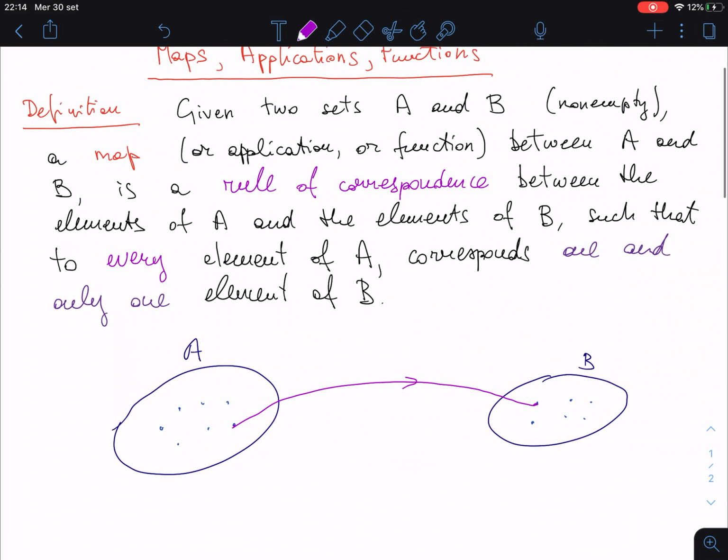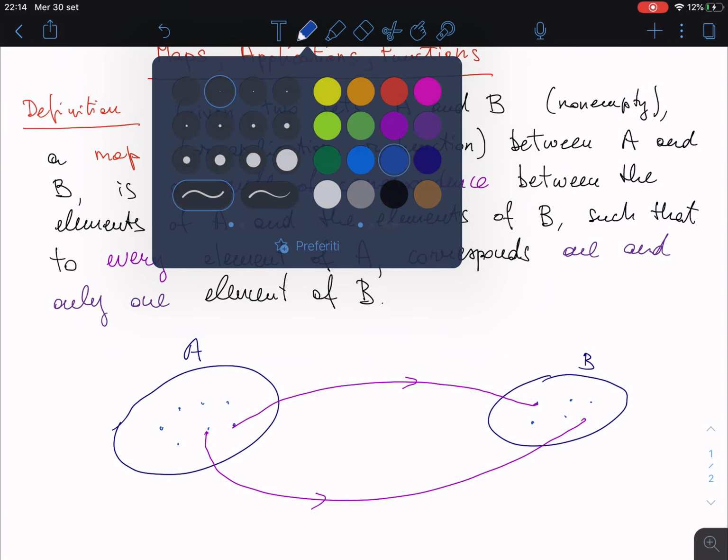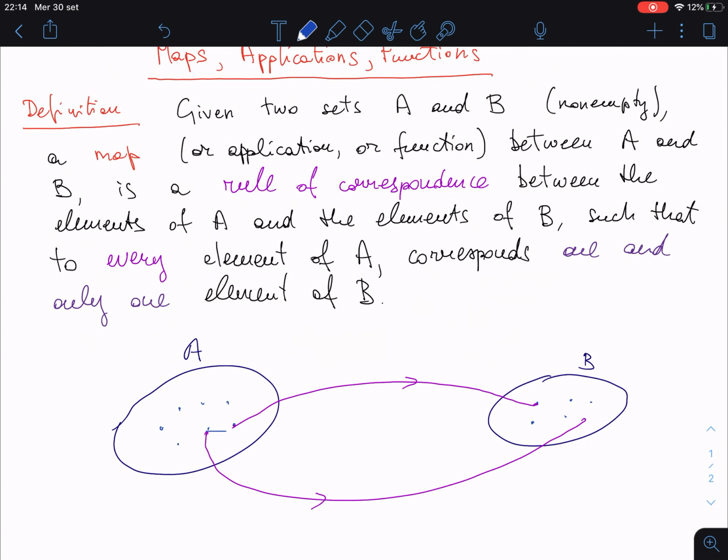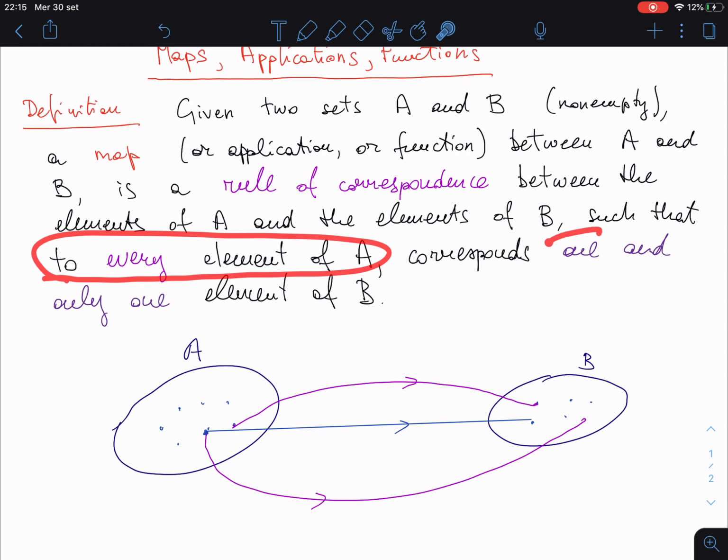Now take another element and put it here. One could be tempted to add another correspondence for the same element, for instance, to do like that. But this is forbidden by the definition, because the definition says that to every element of A, and this is good, corresponds one and only one.